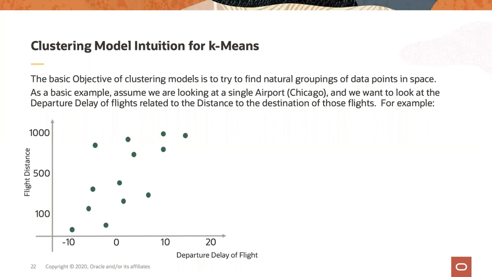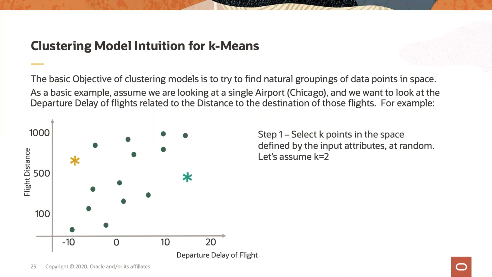And the idea here is, again, I want to show you the intuition behind this. So for k-means, the basic intuition is that there's a first step, where say I want to identify two clusters. So what I'm going to do in step one is select 2 points in the space.